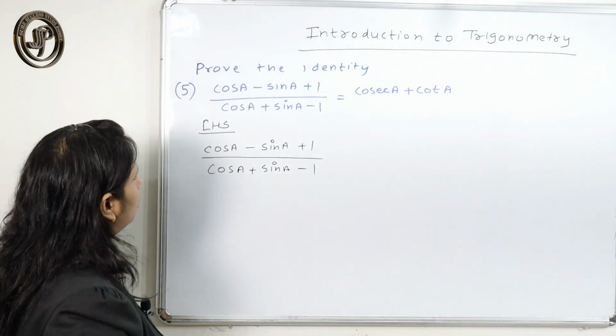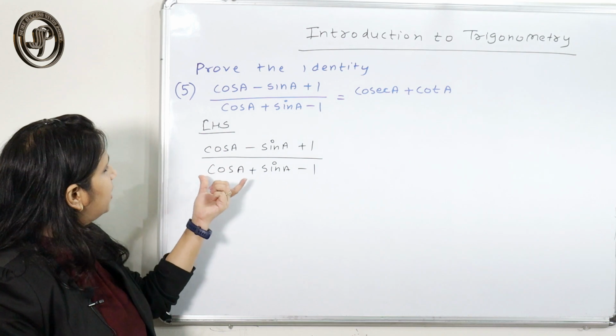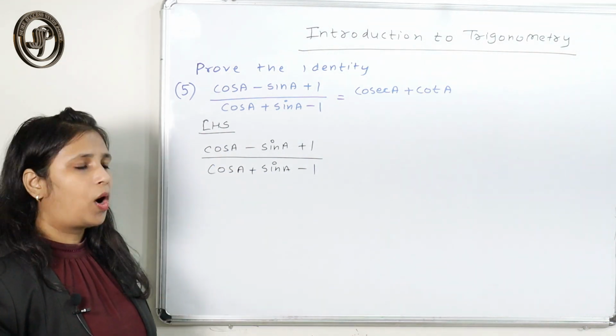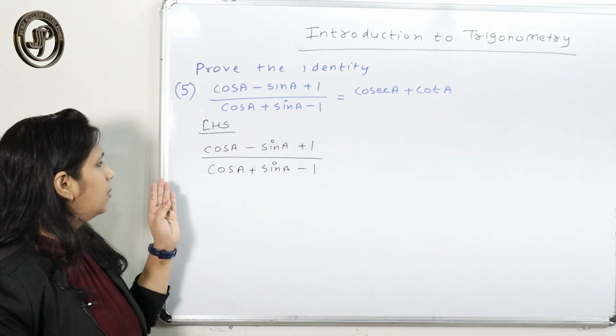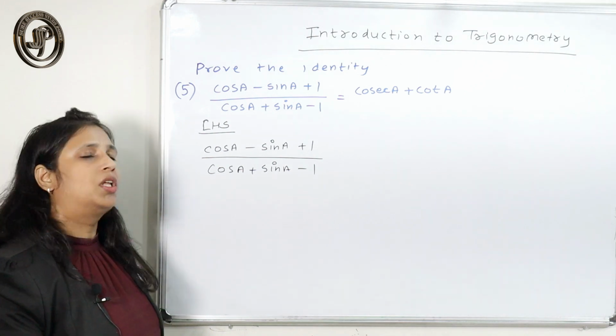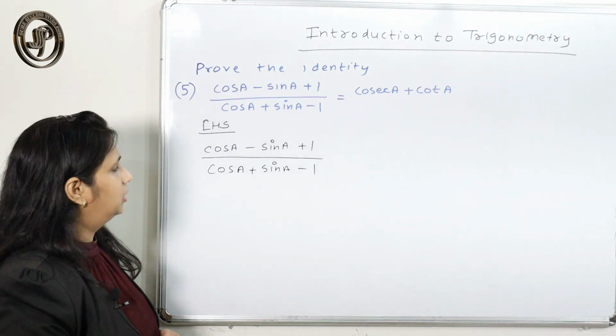Here in this question, I need to convert this sin cos into cosec cot form. Why? Because if I am able to convert this into cosec cot form, then I can use the identity over here, and then my proving becomes easier.